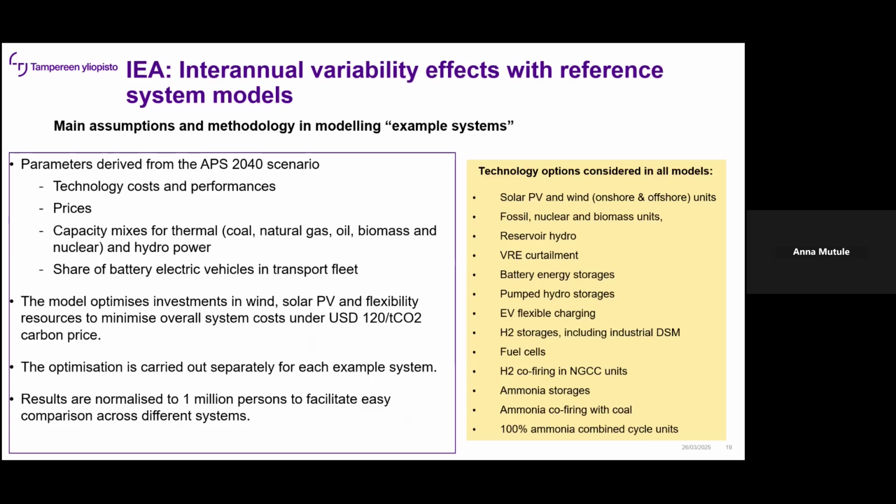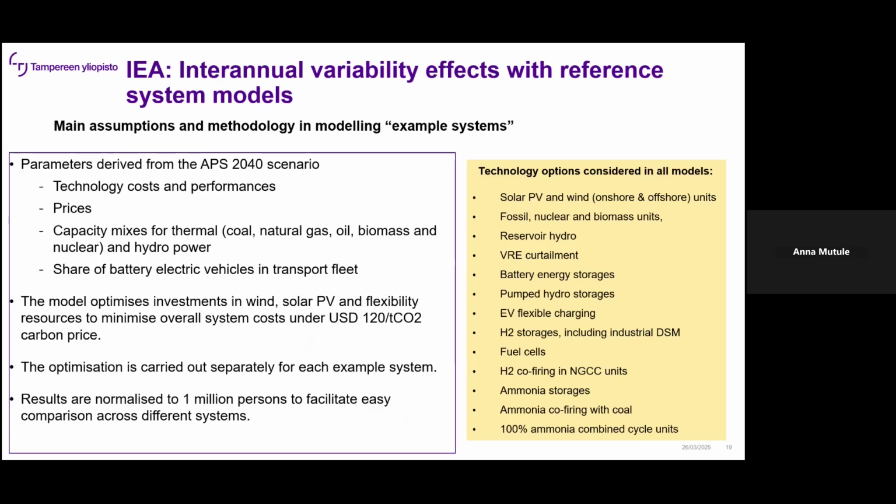As shown in the yellow box on the right, a wide range of technologies were included, from renewables to flexibility options such as batteries, pumped hydro, hydrogen storage, demand-side management, sector coupling through electrolyzers, and vehicle-to-grid systems as well.